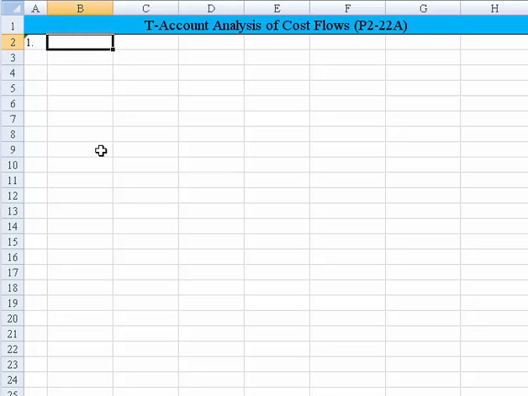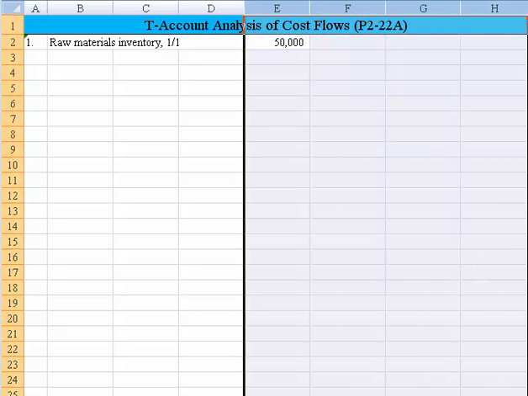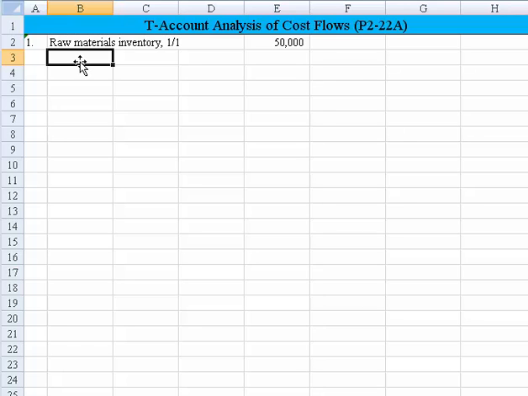What we'll do is we'll jot down what we know. We know the raw materials inventory at the beginning of the year was equal to $50,000, right? And let me format these in a way that'll make sense to us. Then we had debits, which were examples of purchases of materials.